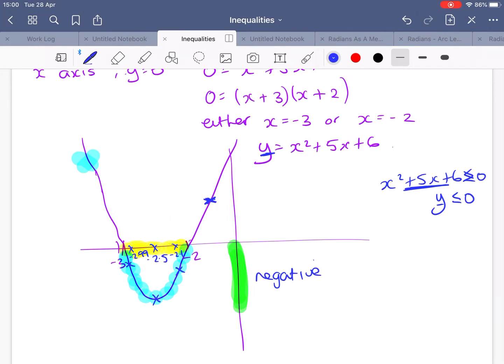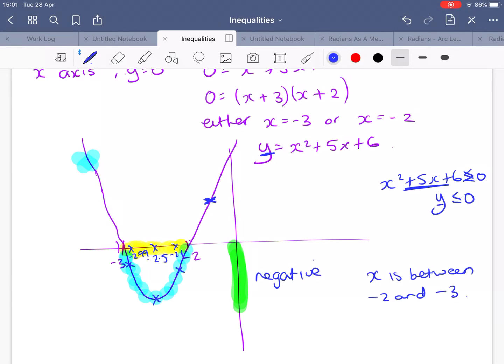So the inequality is solved when my x is between -2 and -3. Now we have a way of writing that mathematically, okay?